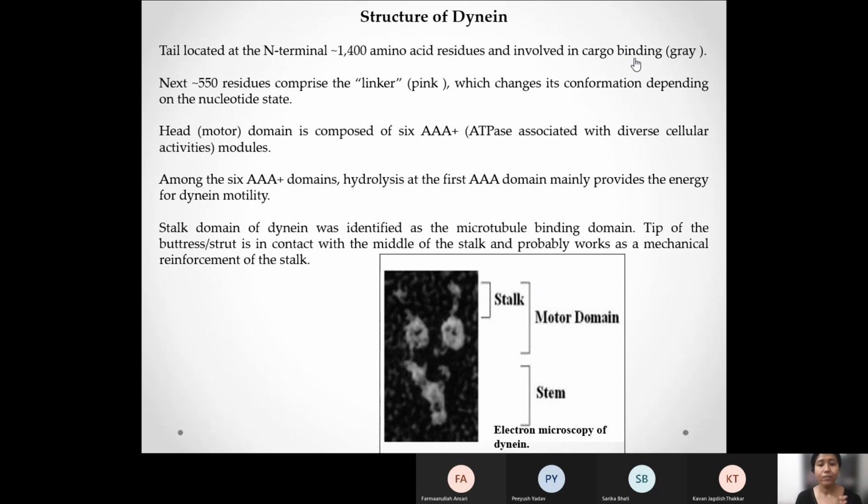All of this idea comes from mutagenesis analysis, where they have mutated specific residues, and then checked what the effect is on the movement of these dyneins.